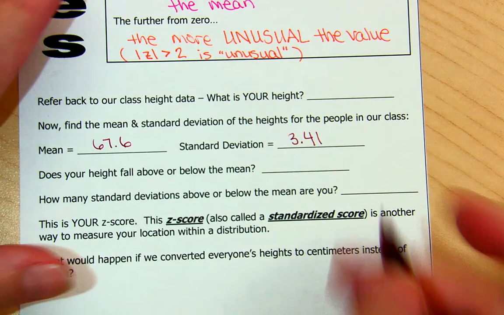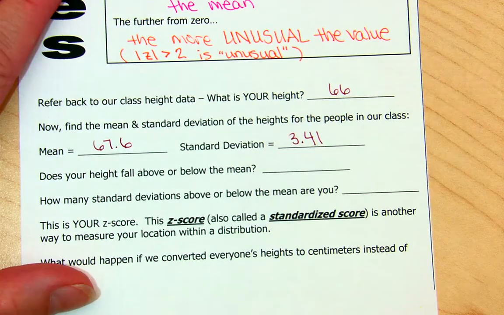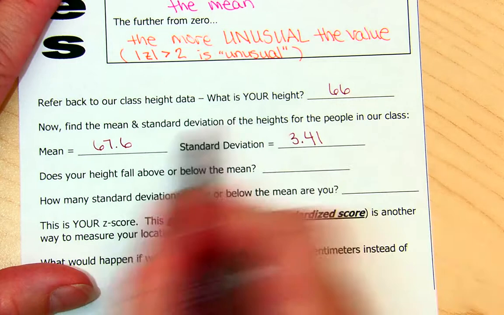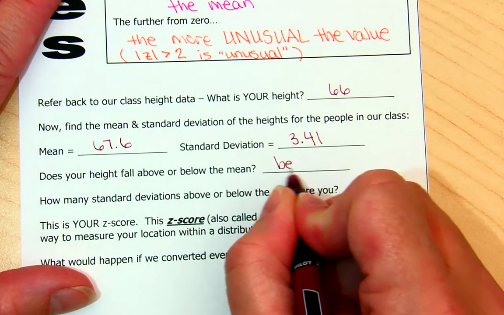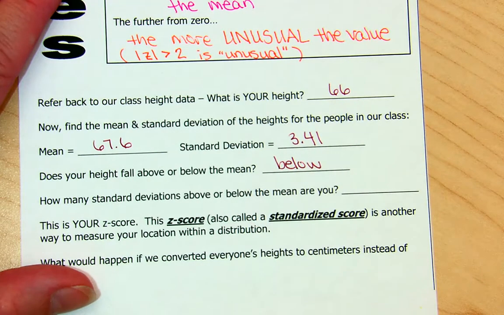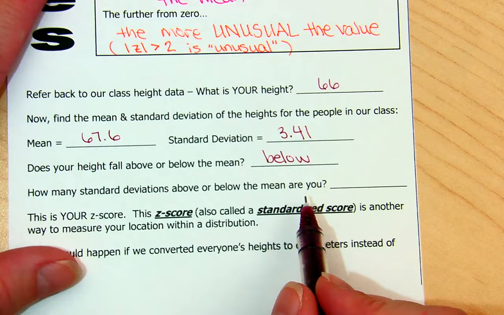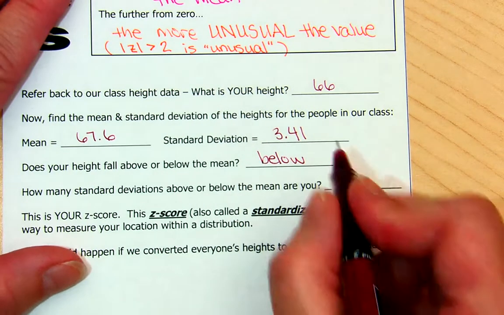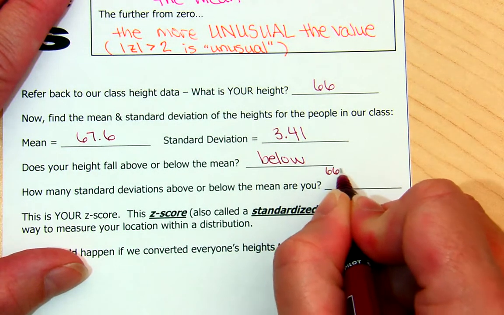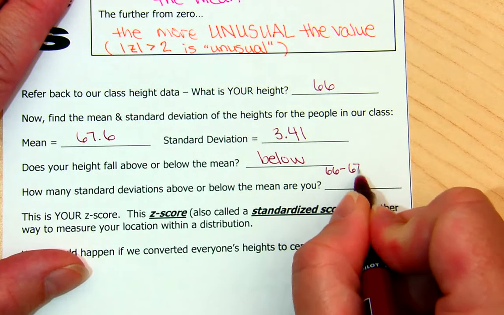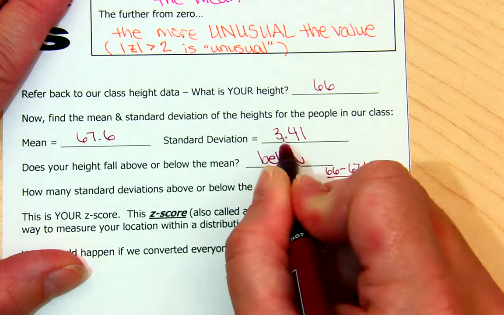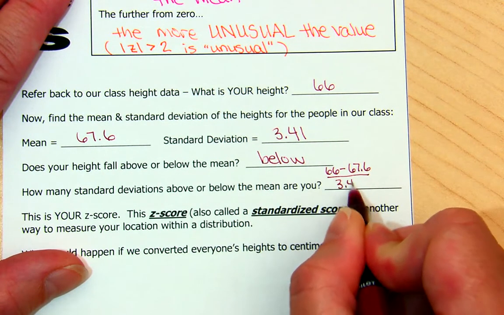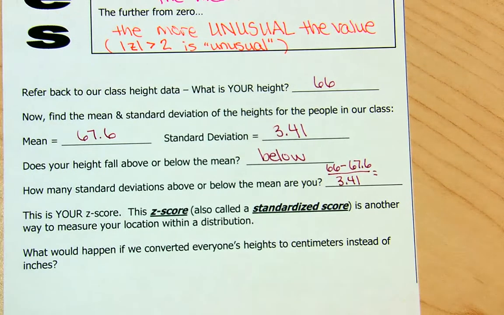So for mine, my height is 66 inches, so mine would be below the mean. To find out how many standard deviations, I'm just going to find the z-score. So I do my value minus the mean, divided by the standard deviation, and that's going to give me the z-score.